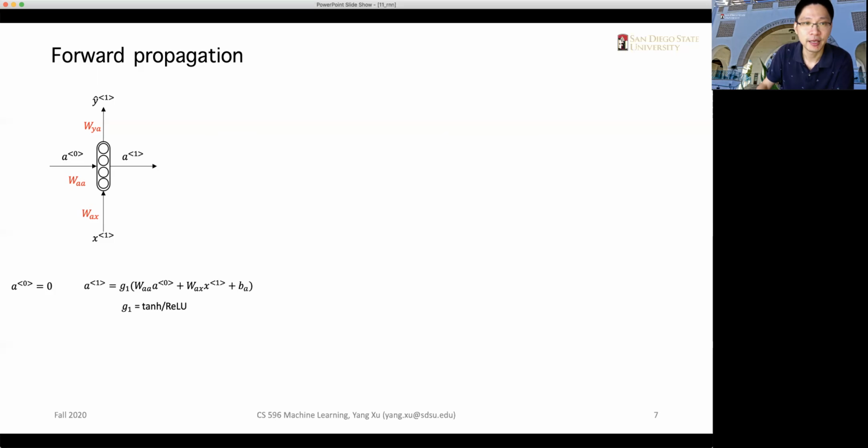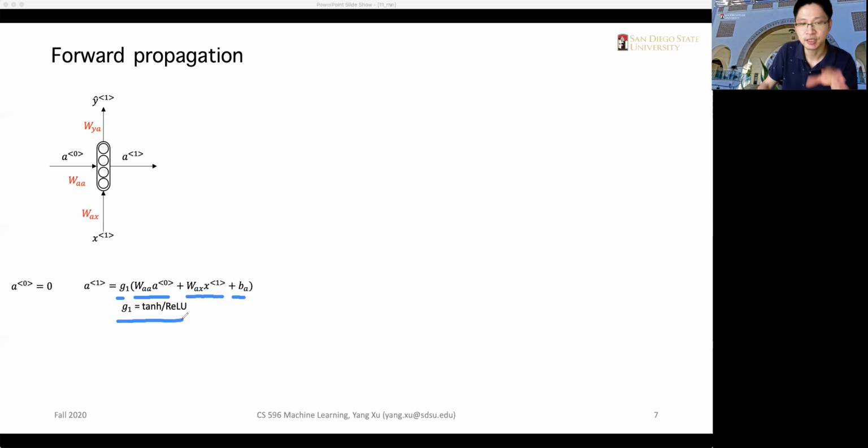Let's look at the equations carefully. A1 is WAA times A0 plus WAX times X1 plus some bias, and then we apply some activation function, G1.